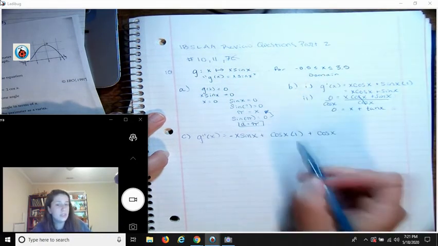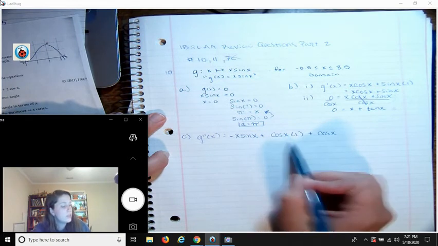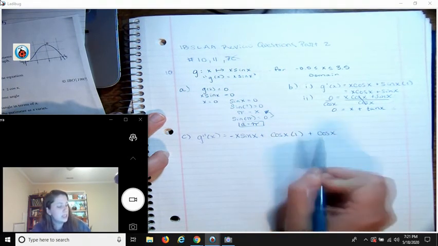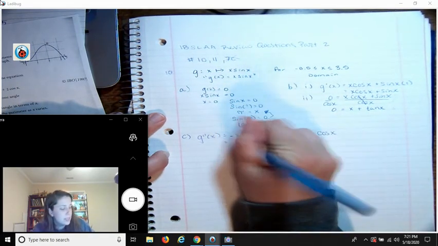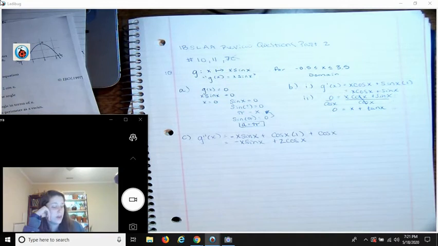So now this 1 is just going to disappear. It's just the coefficient of cosine x. So this means that I have 2 cosine x's. So I'm going to have negative x sine x plus 2 cosine x. And that's all you needed for number 10.